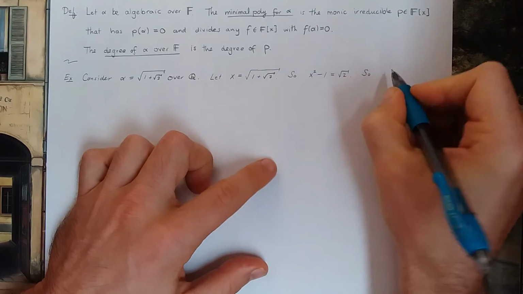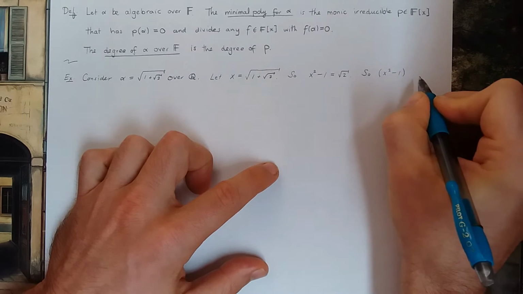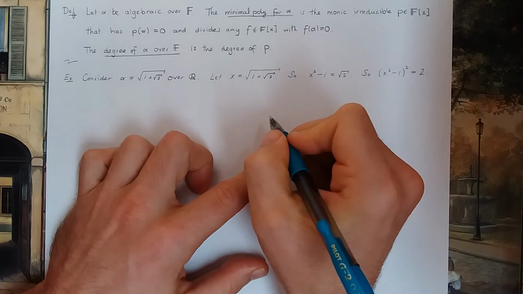Squaring both sides again, I get (x squared minus 1) squared should be 2.